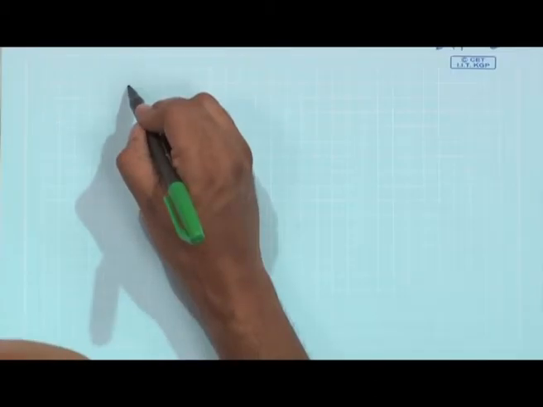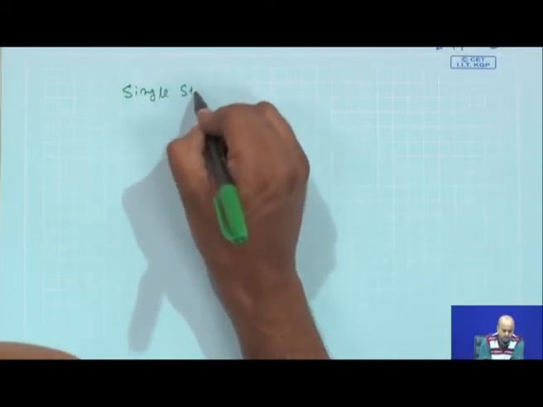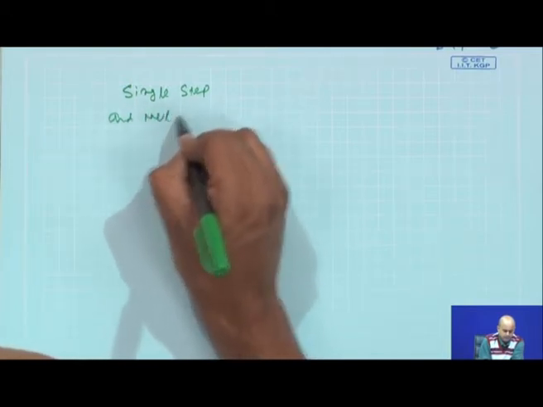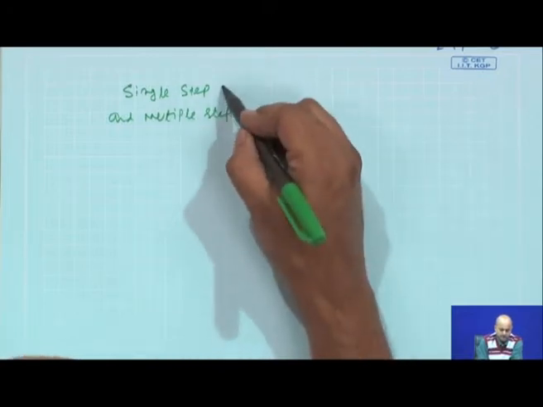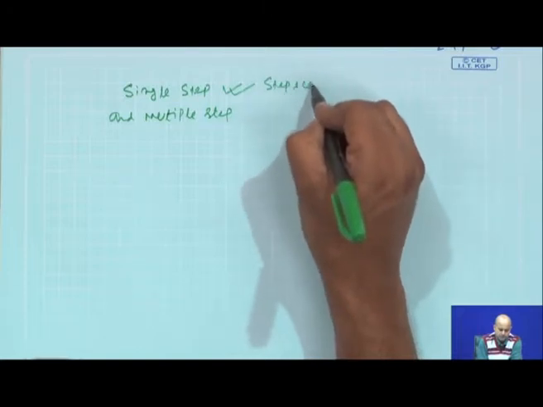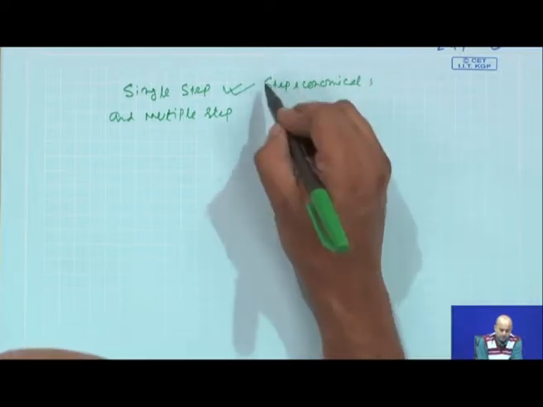Normally, when we talk about desymmetrization, we will talk about either a single step desymmetrization or a multiple step desymmetrization. So there are two different ways, single step and multiple step. In principle, single step is always preferred because it is step economical and you are cutting down the cost.